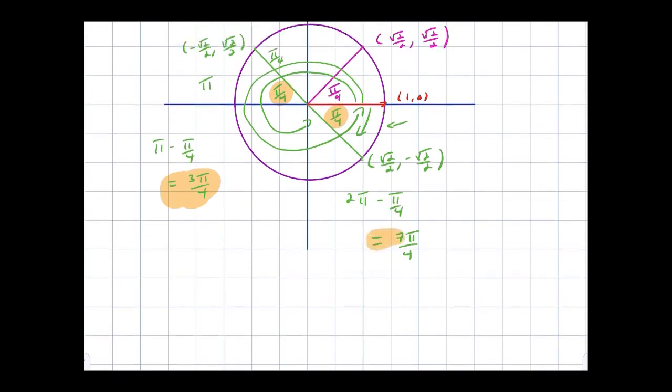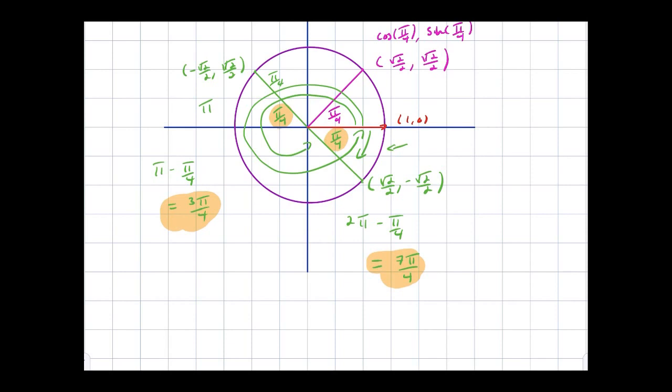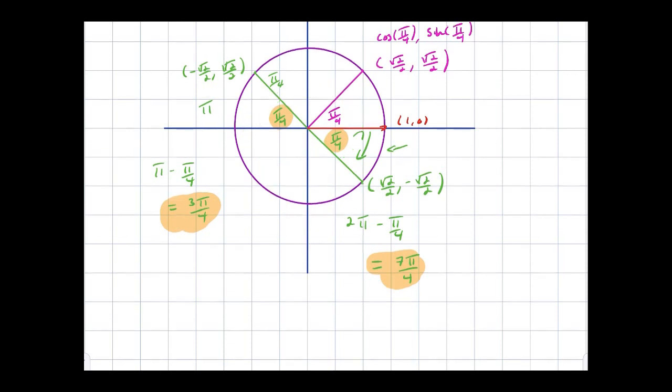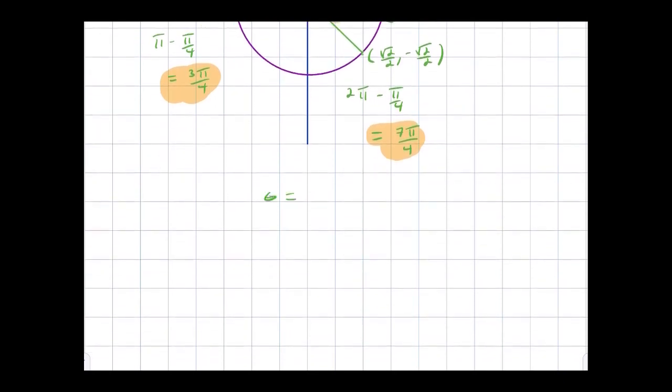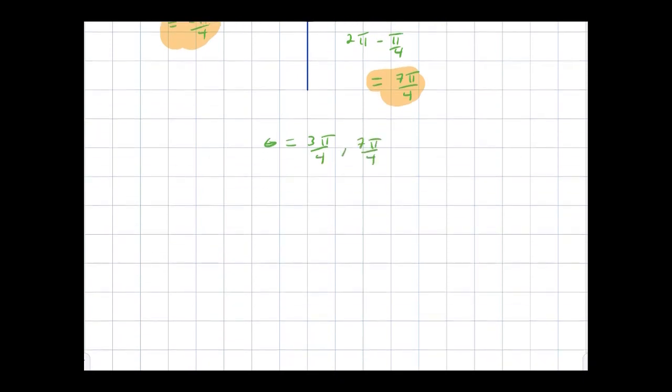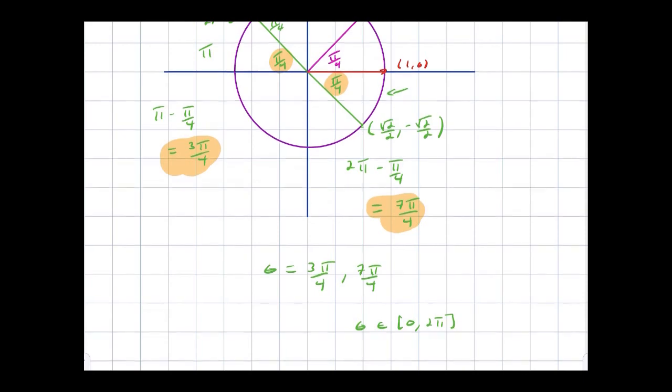Let me get rid of these arrows again, because it's very cluttered. This means that theta is going to be equal to 3 pi over 4 and 7 pi over 4. And again, this was assuming that theta came from 0 to 2 pi.